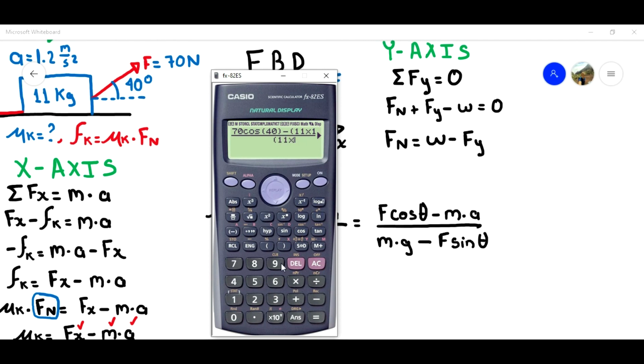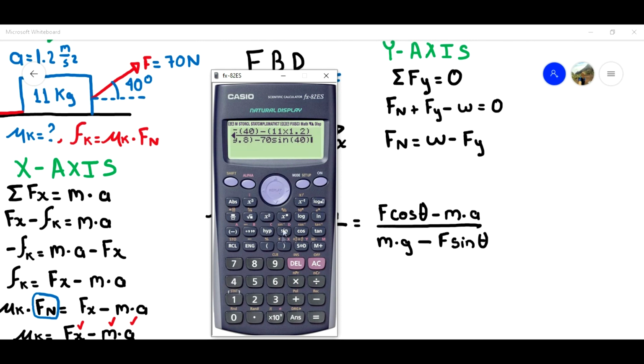Remember that in this case gravity is going to be positive, 9.8 meters per second square, minus the force, that is 70 newtons, times the sine of the angle, that is 40 degrees.